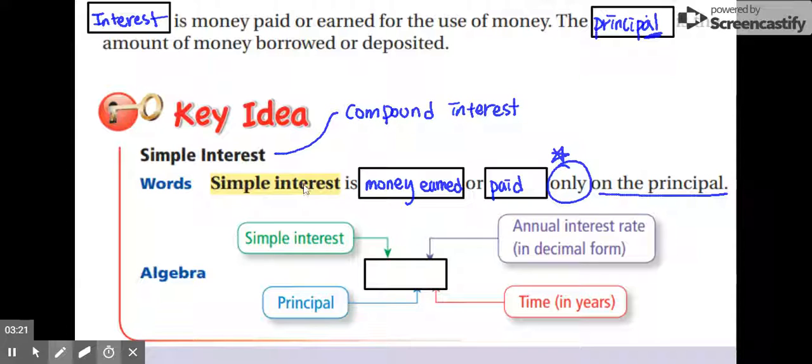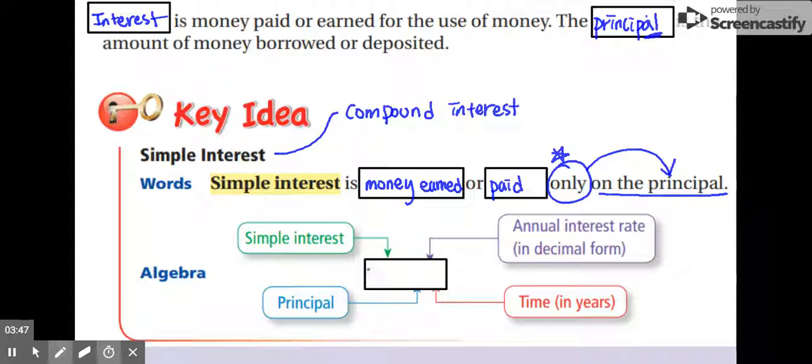Difference between compound and simple. The compound interest, you're going to earn money on the principal and the interest that you earned in the previous month or a previous year. But simple interest, you only earn money on the principal, only on the amount of money that you deposit in the beginning.